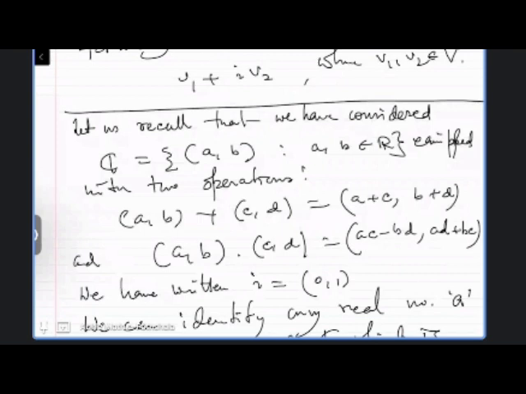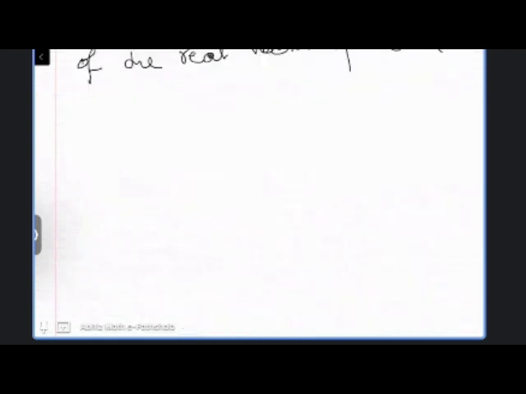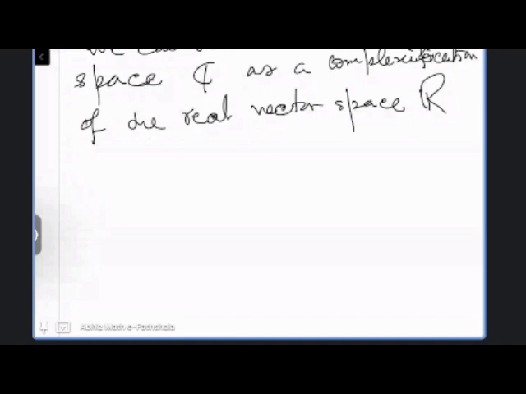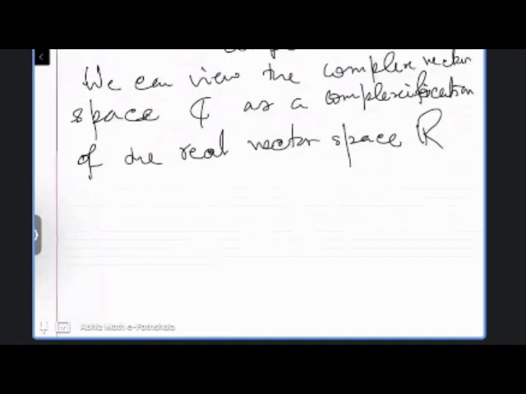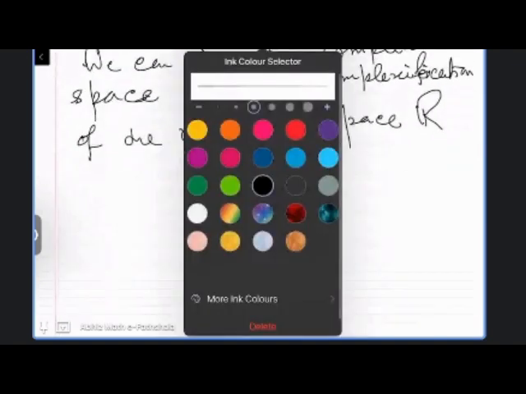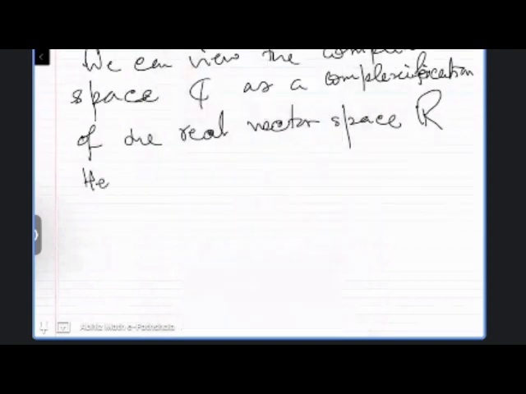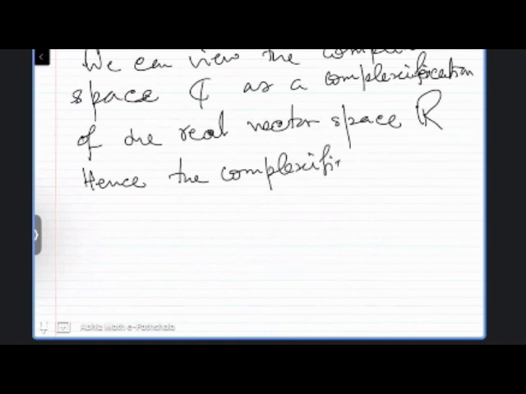Okay, so hence the complexification of R, R_C, is isomorphic with what?